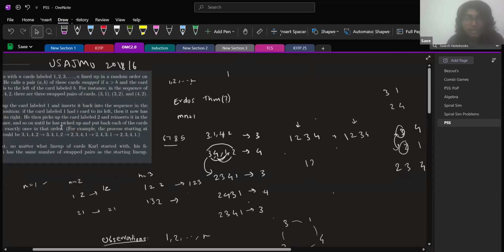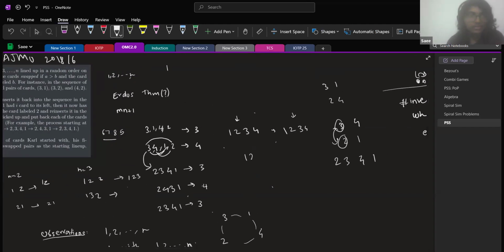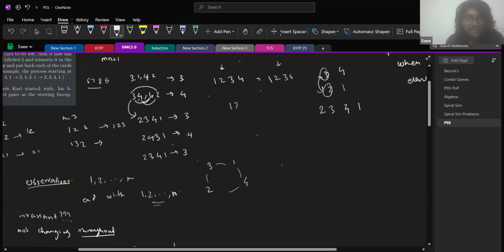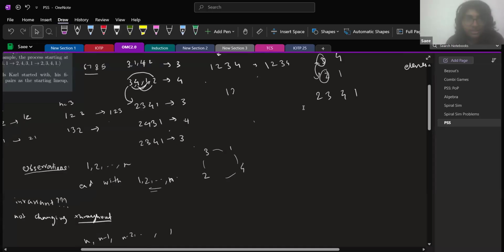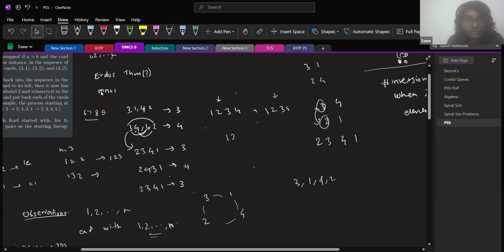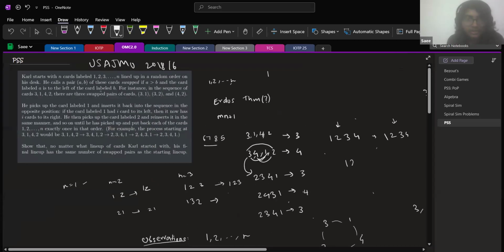There are actually multiple solutions. You should definitely check out the AoPS. There's another very cool invariant which is also very magical. Basically, you again try to look at something so that the number of inversions is not changing.